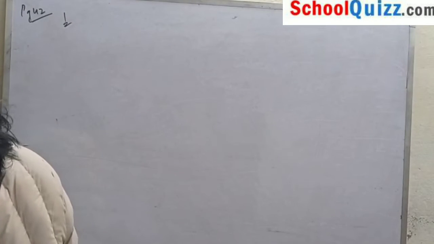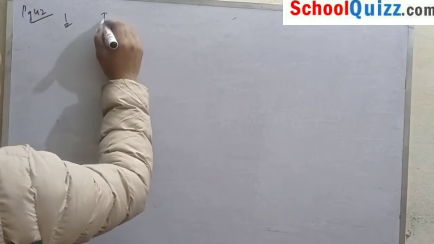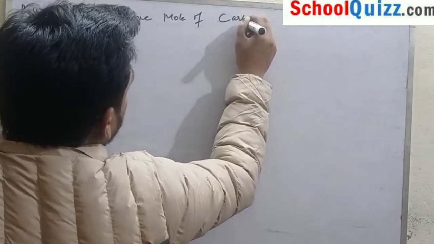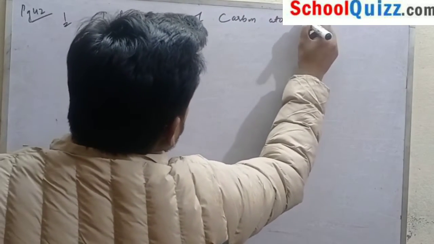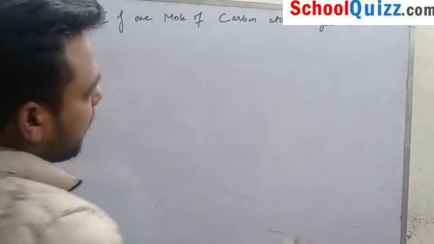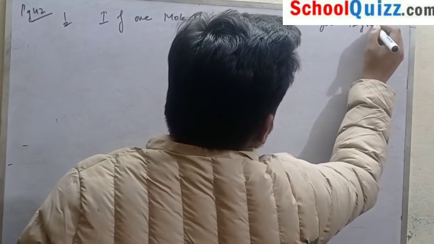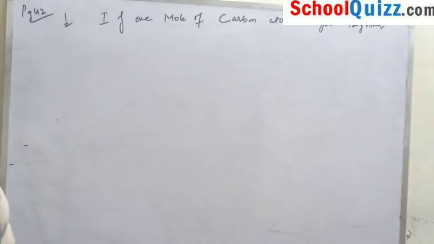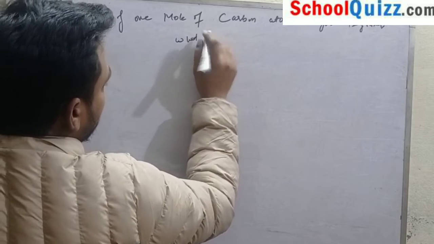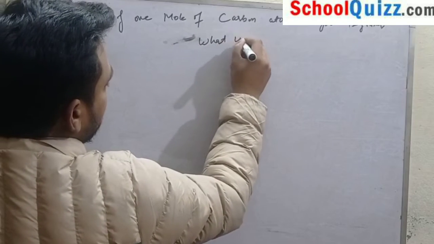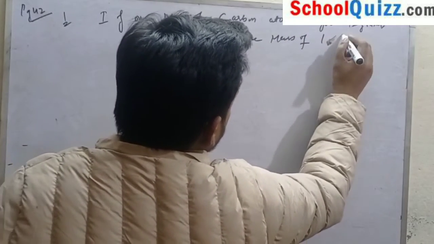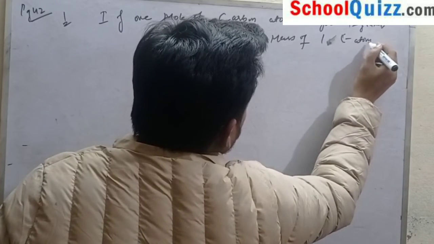First one is, if 1 mole of carbon atom weighs 12 grams, what is the mass of one carbon atom?